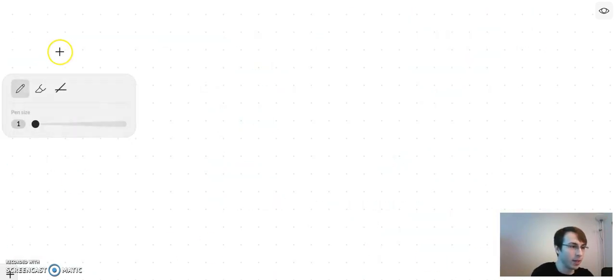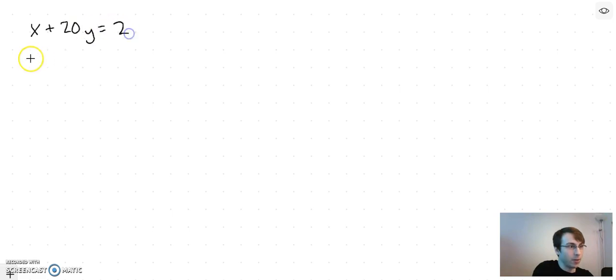What if we have something like x plus 20y equals 2, and then x minus 18y equals 5. Well, if we're going to solve for y in both of these, then that's just going to lead to a bunch of nasty fractions. But why don't we just solve for x here?